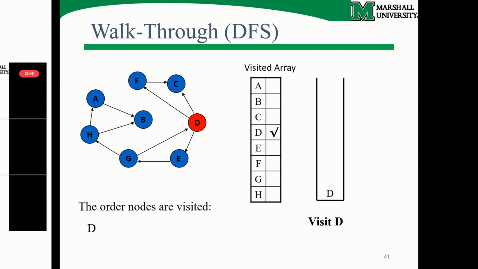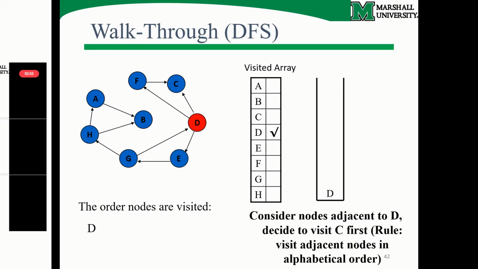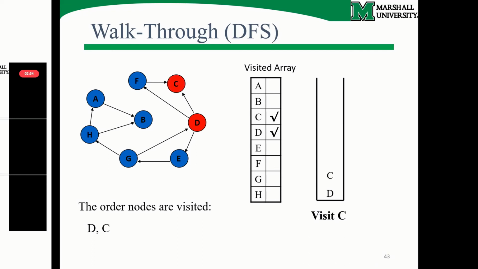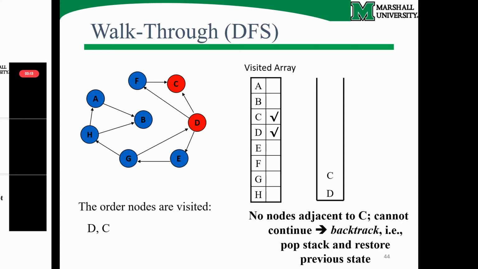We will insert it into the stack. At this time C is visited and there is no adjacent node from C, so we are finished with C. Then we will go back to the node D.